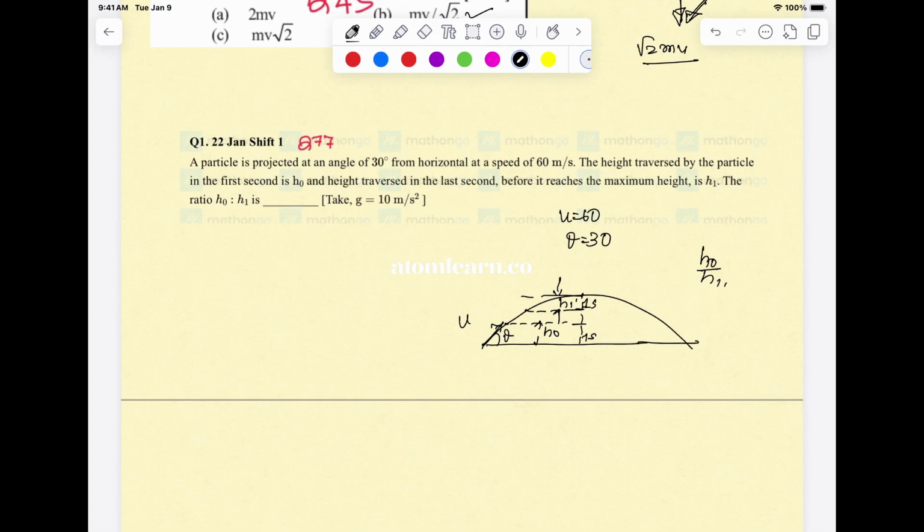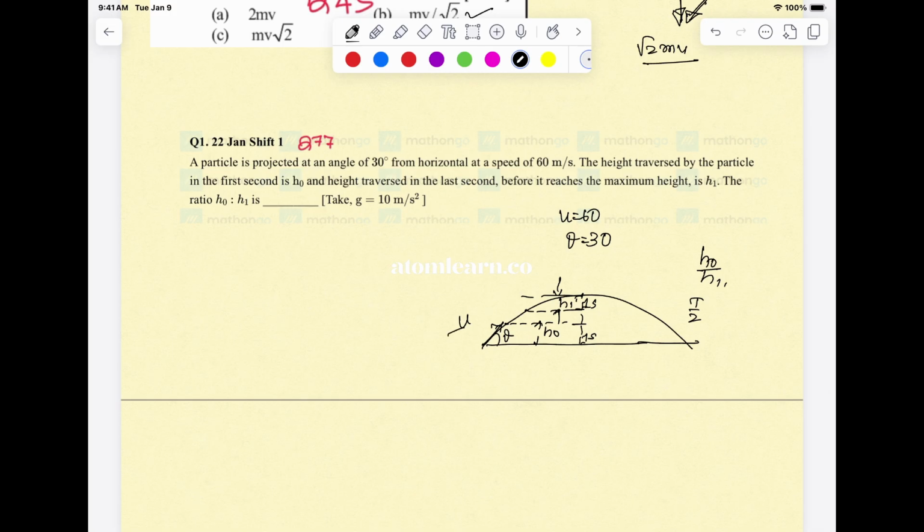First of all, we should know that this is 1 second, this also is 1 second. We should now work out the time it has taken to reach the top, that means t by 2. Because the time of flight is t, the time for going up alone is t by 2. Going up time will be the same as coming down time, therefore each is equal to t by 2. First, let's calculate the time t by 2.